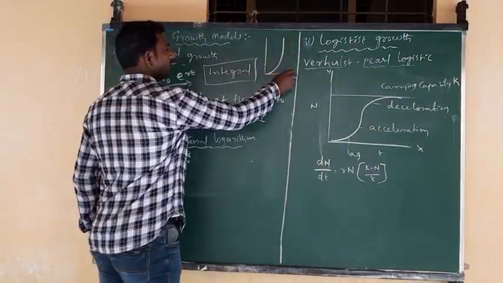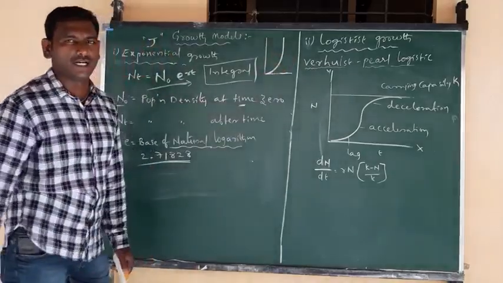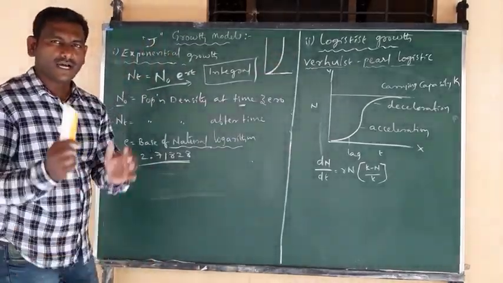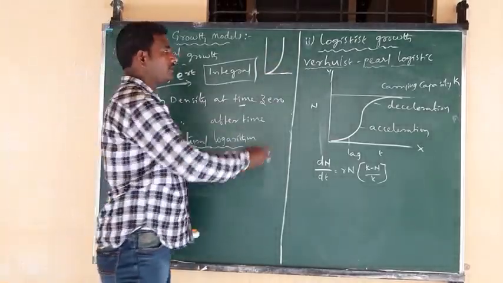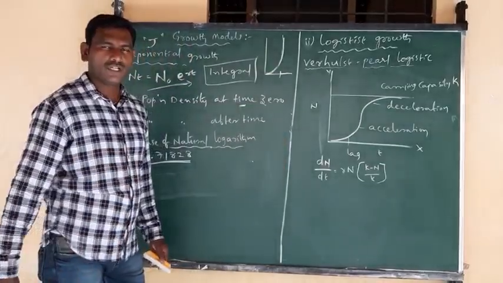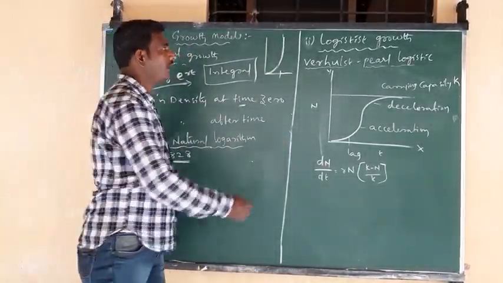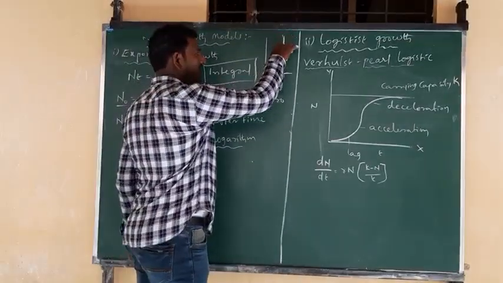Such J-shaped curves are formed when the resources are unlimited. If the resources are unlimited, within a short period of time the population is going to increase.